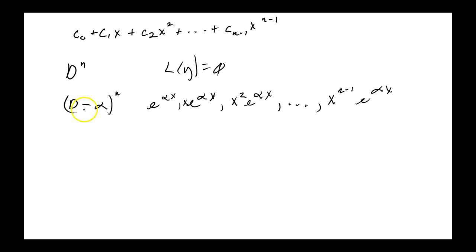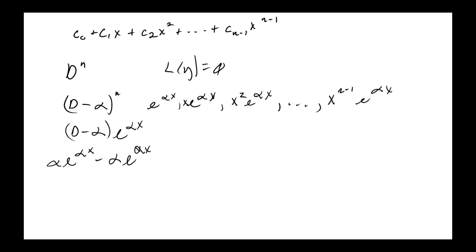So if that was a 1 there, that would be D minus alpha operating on e to the alpha x. Okay? That would be e to the alpha x times alpha minus alpha times e to the alpha x. Obviously, that's 0. Okay? So if this n is 1, and that power of x is 0 there.